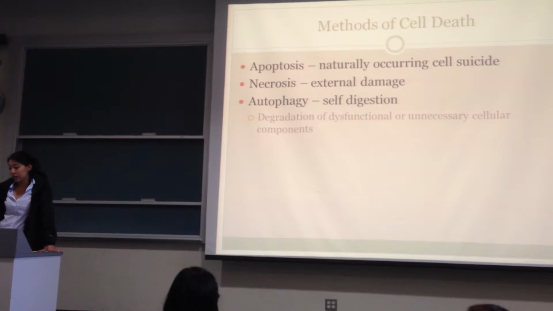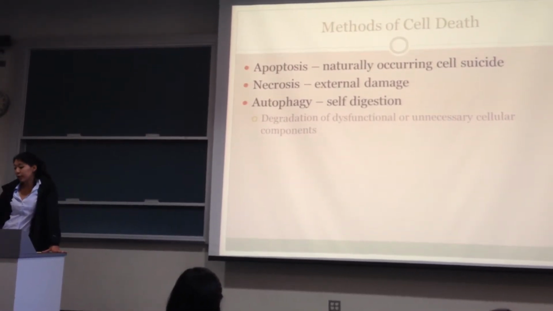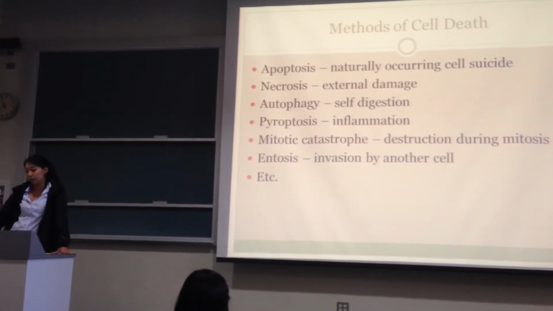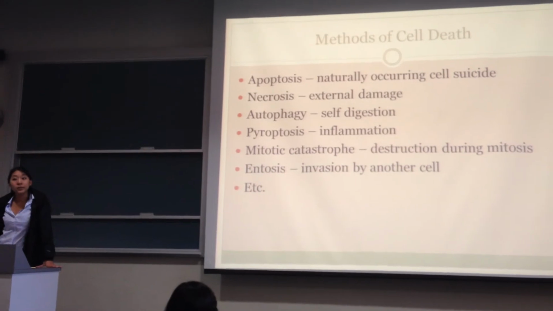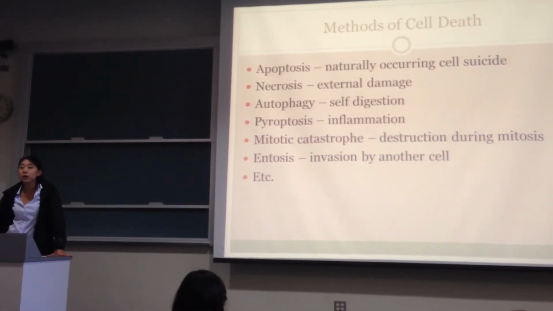Autophagy is self-digestion, which causes degradation of dysfunctional or unnecessary cellular components. And there are many more, such as pyroptosis, inflammation, mitotic catastrophe, mitosis, and entosis, which is division by another cell.